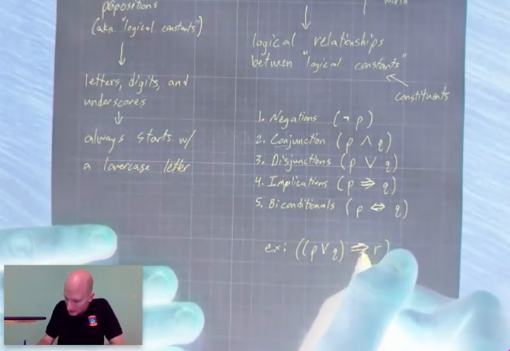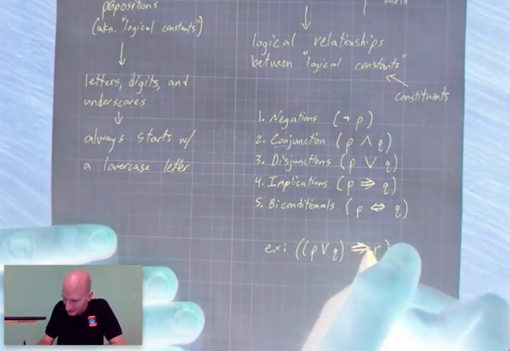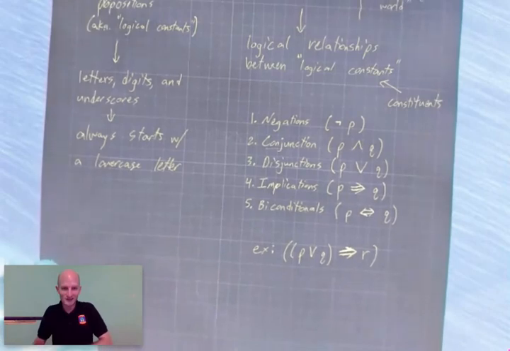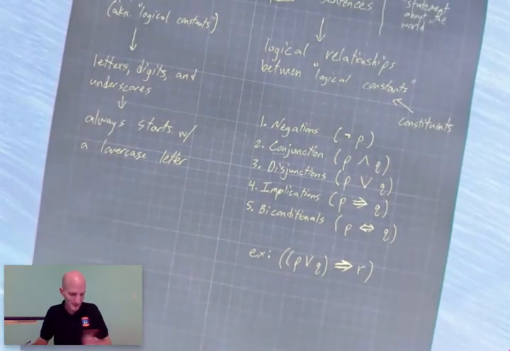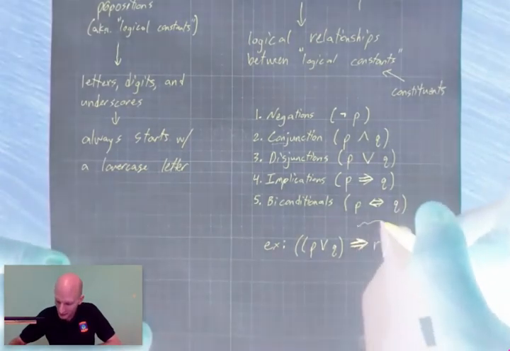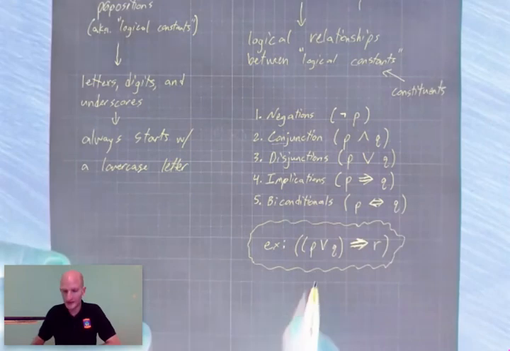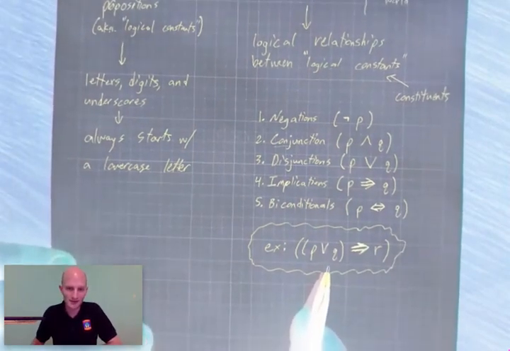I don't know why it's so hard to write that arrow. I was practicing before the video writing this, and the arrow looks so ugly. Okay, so let's talk really fast about how to describe this logical statement correctly.